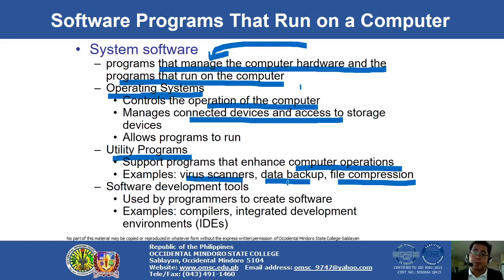Pag nagba-backup tayo ng files, we call that utility programs. File compression, if we're gonna put our files into a compressed one para free siya from corruptions, data breach, intruders, para ma-protect natin, naka-compress siya.